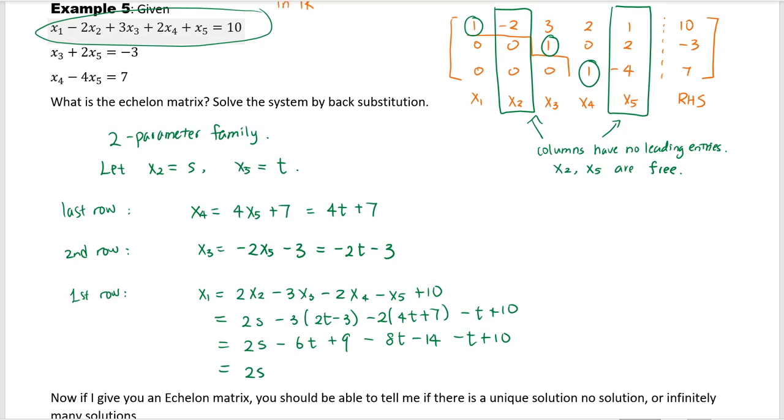How many t are there? Minus 6, minus 8, minus 1. So that's negative 15. And what is the constant? 9 and 10 and 14. So it's 19 minus 14, which is 5.